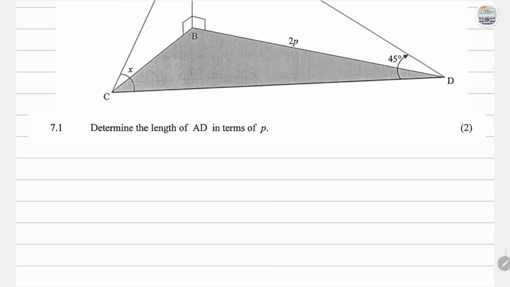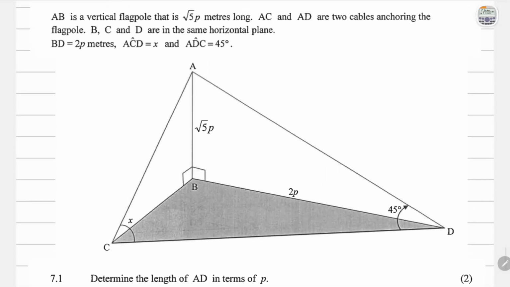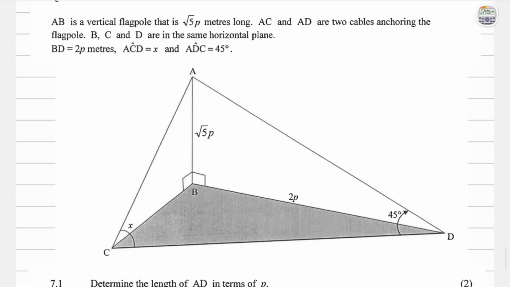Okay, so the first question is to determine the length of AD in terms of p. Let's just see where AD is. AD is over here. So if this is AD, how do we find the length of this? Well, you see that we have a right angle triangle. We don't have any angle in here because this 45 degrees doesn't belong to this angle, it's this angle.